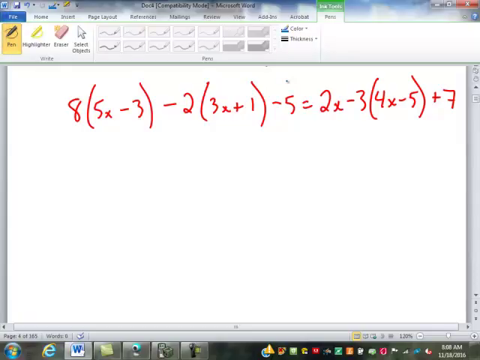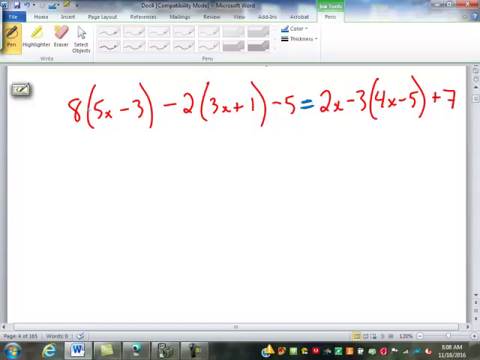Start with the parentheses. I'm going to work left to right. Now, here's my equal sign. I can actually simplify one side of the equal sign all at one time and then go to the other side. I don't have to work back and forth. It's only when I start to solve it that I have to deal with both sides at the same time.